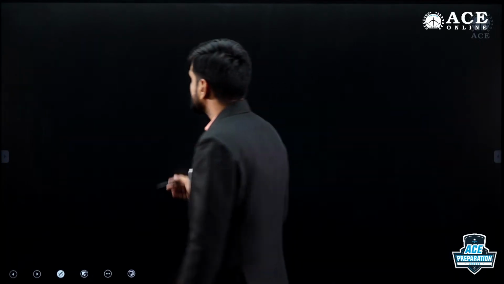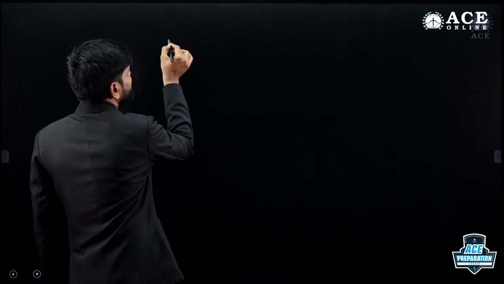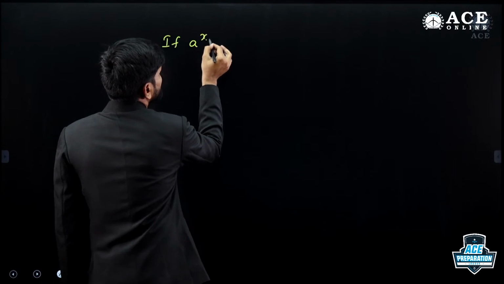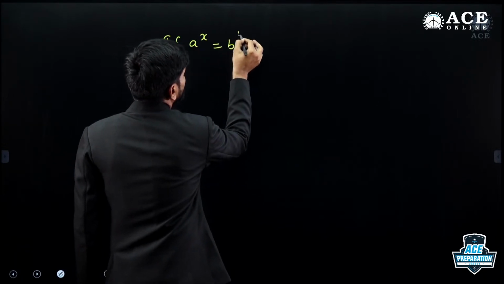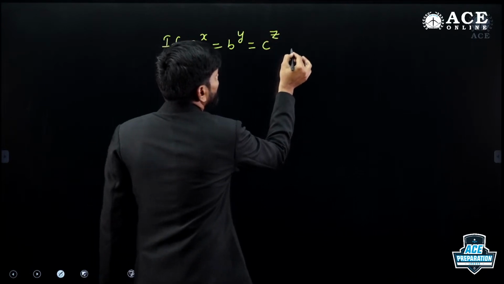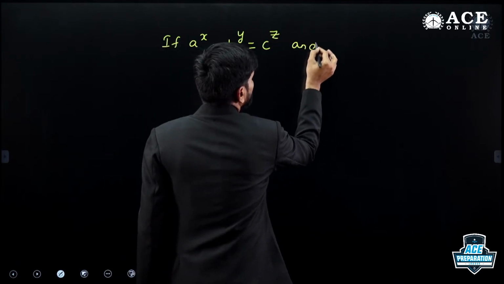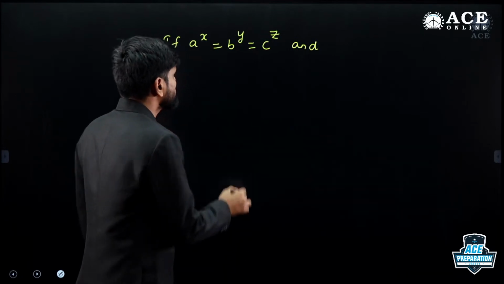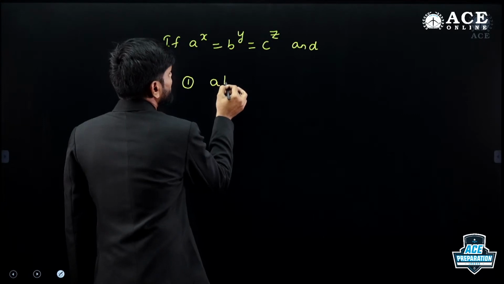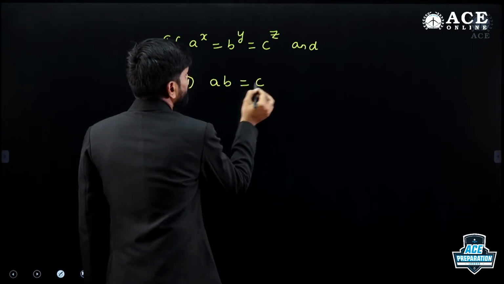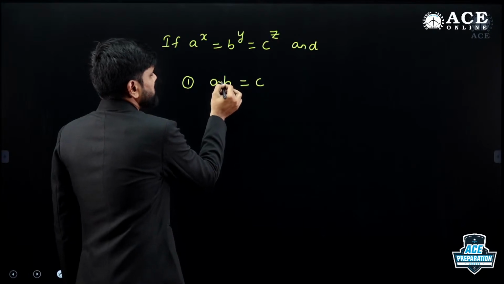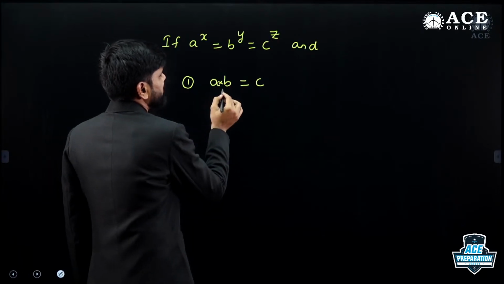Suppose you have a relation like this: if a power x is equal to b power y is equal to c power z, and say you have some relation like AB is equal to C, A into B equal to C. If you have a relation like this, you simply take it this way.